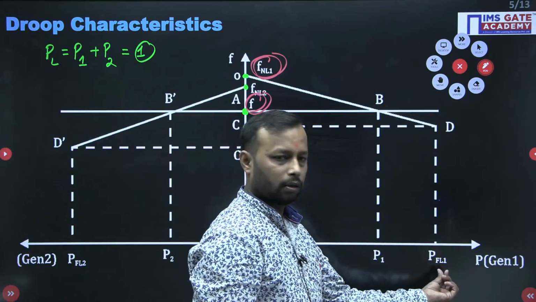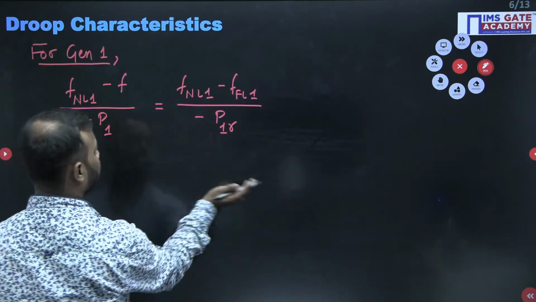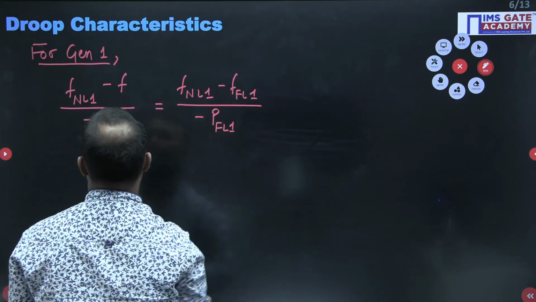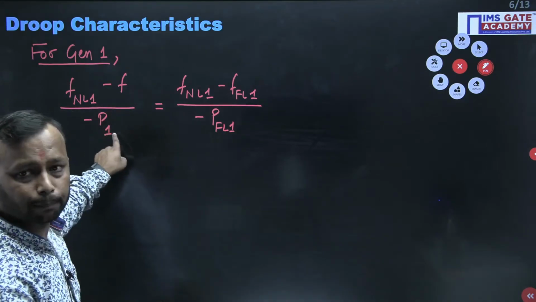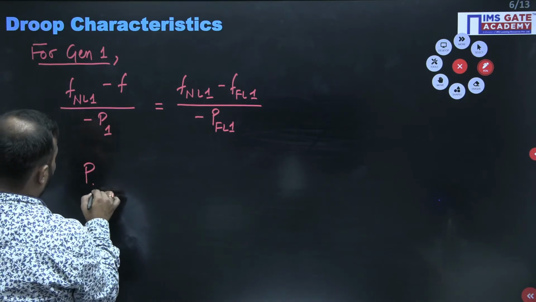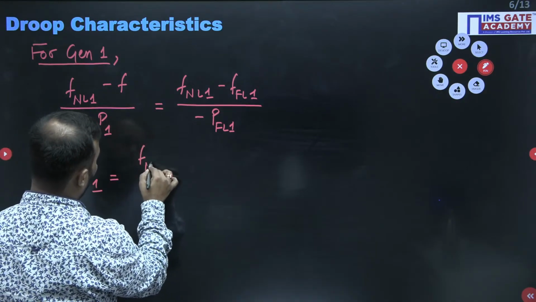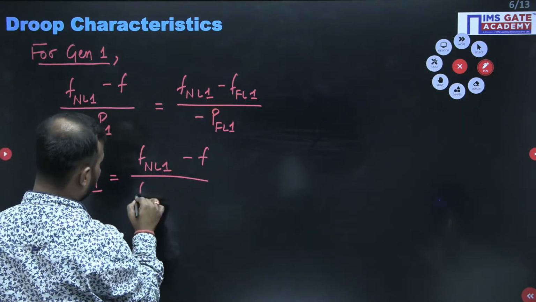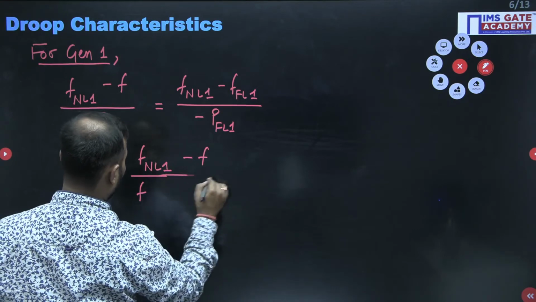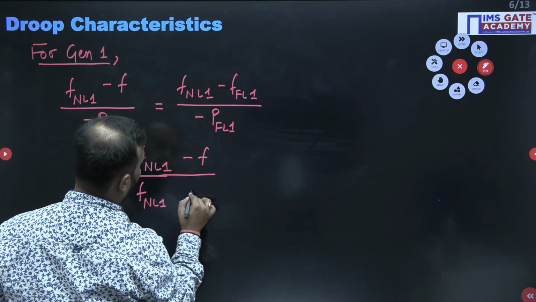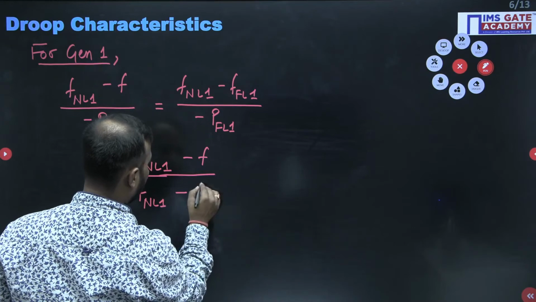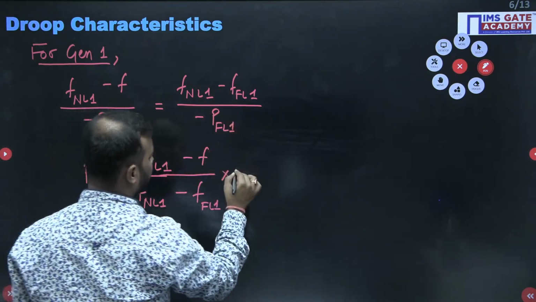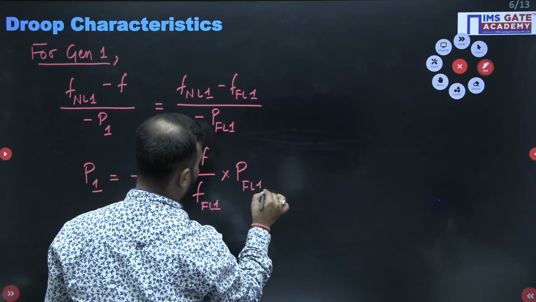So from here you are going to have this P1 equation. कैसे होगा? P1 is equal to F no load 1 minus F divided by F no load 1 minus F full load 1, times PFL1. So this is equation 2.